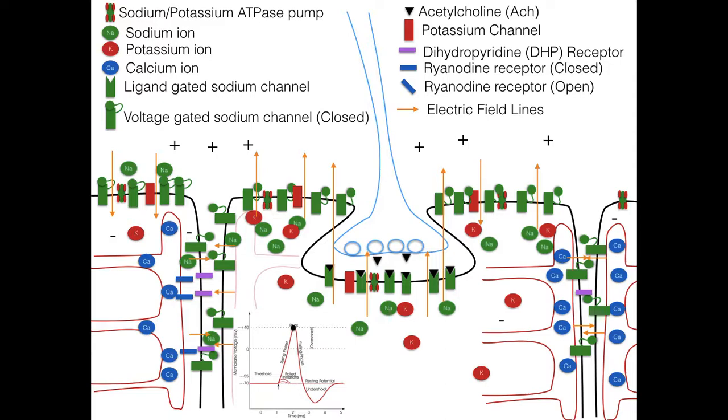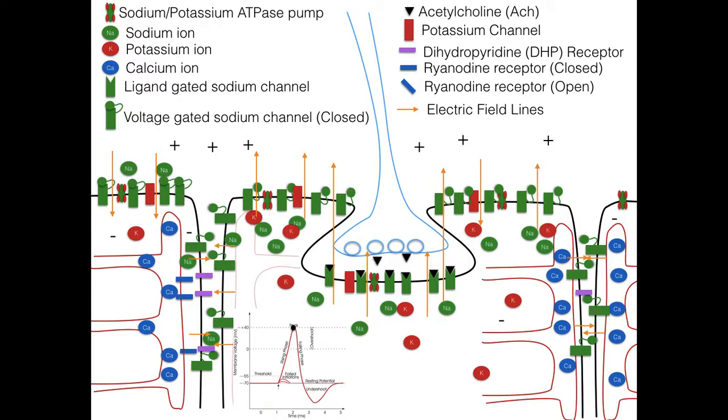Now at this point, you'll note that our voltage has been moving up, right? The more and more sodium that we let in, the less electric field strength we have. At this point, we've actually let so much sodium in that we've passed zero, and the electric field really has flipped.